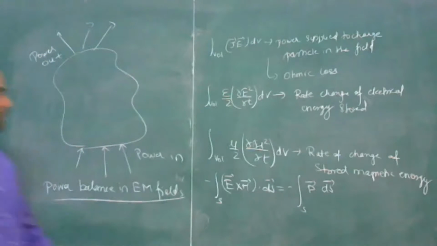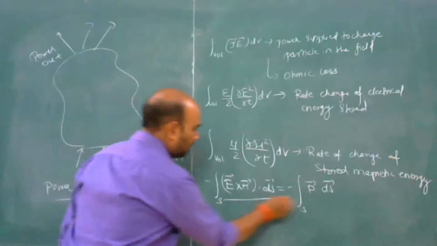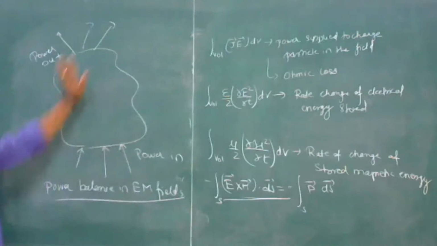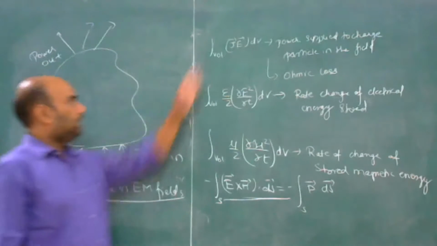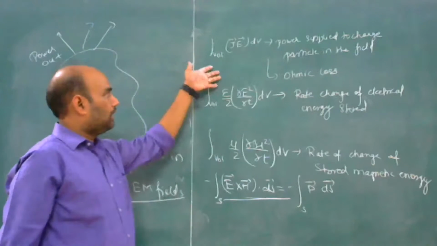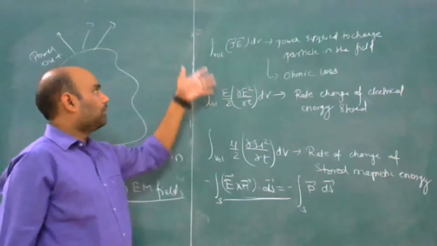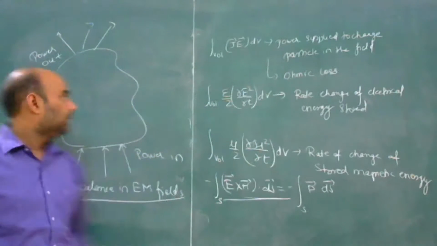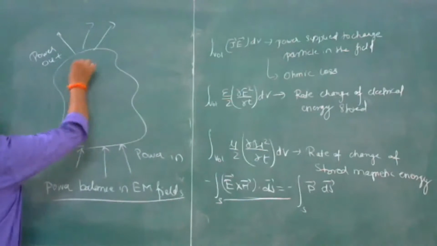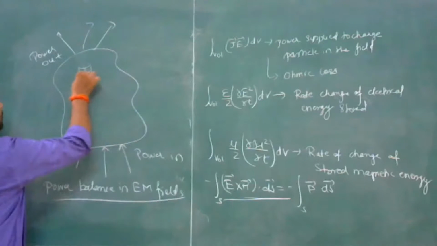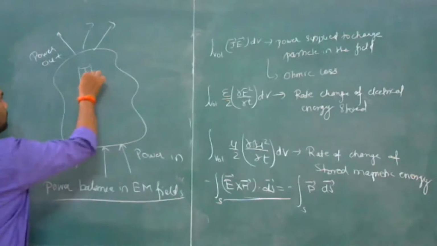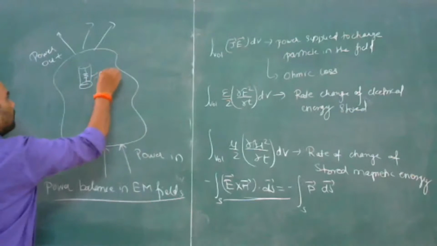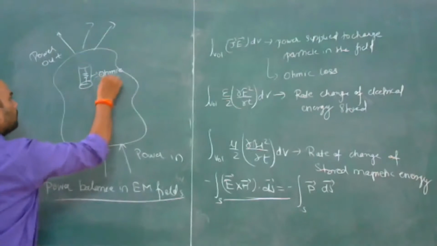So this gives the power inflow and outflow of this field. In between we have three power terms. First is the ohmic loss. Ohmic loss can be represented by a resistance. This accounts for the ohmic power loss.